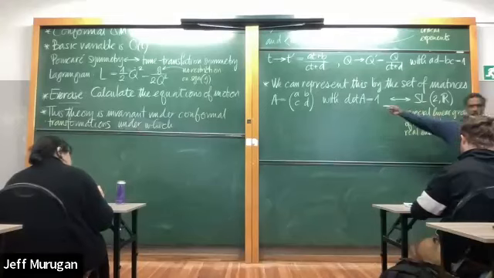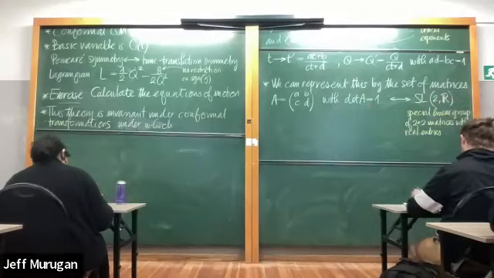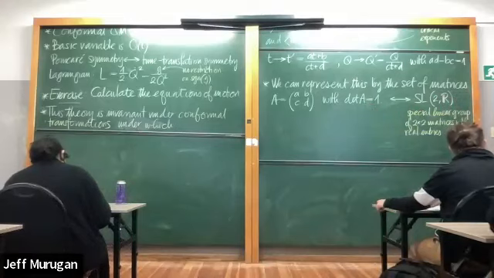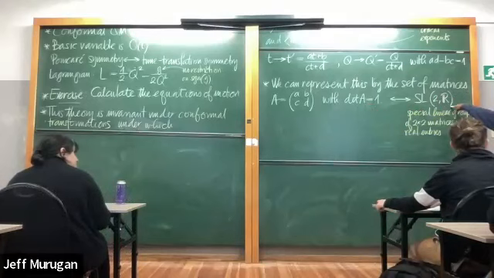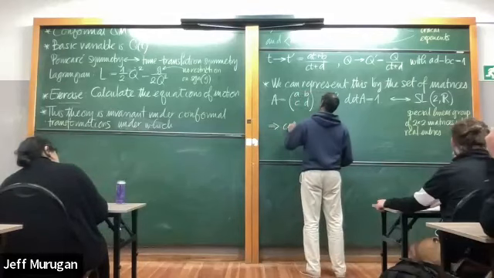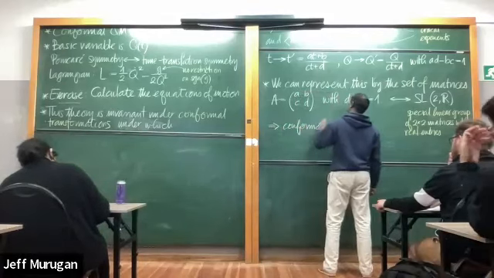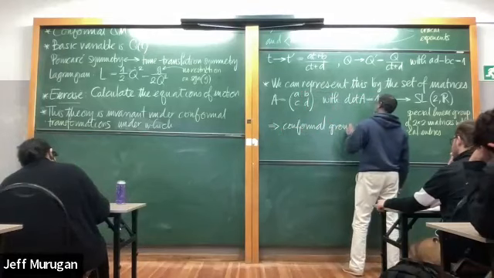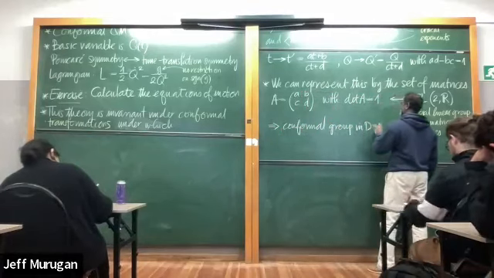Special refers to the fact that the determinant is 1, and the real entries, 2 by 2 matrices. And any conformal transformation in one dimension is of this form, which means that we can identify the conformal group in d equals 1 with SL(2,R).